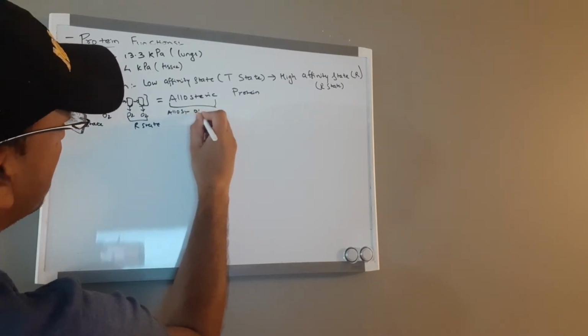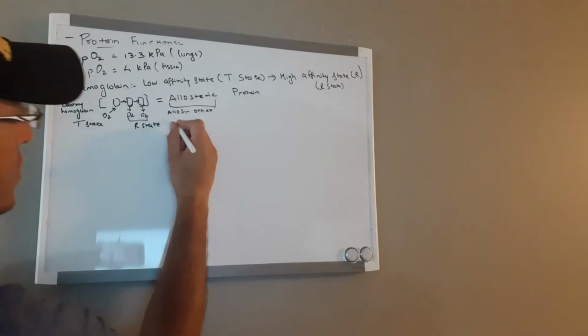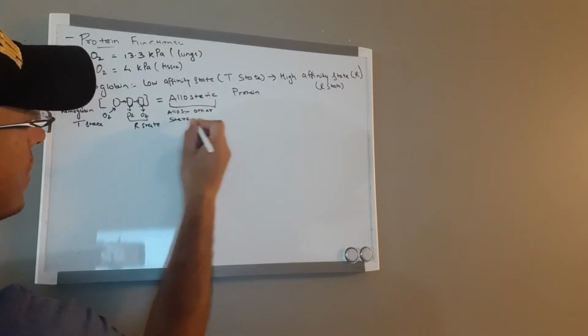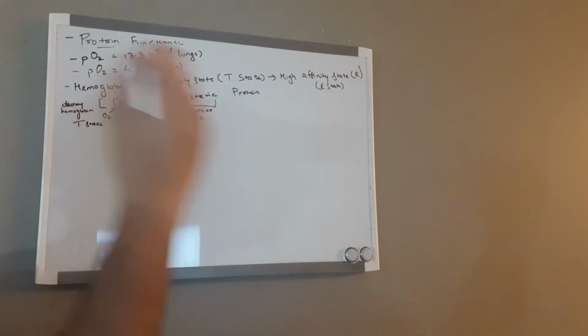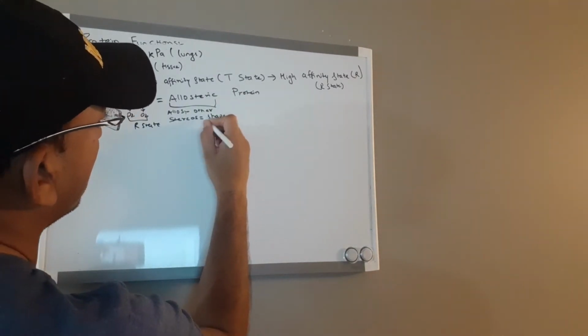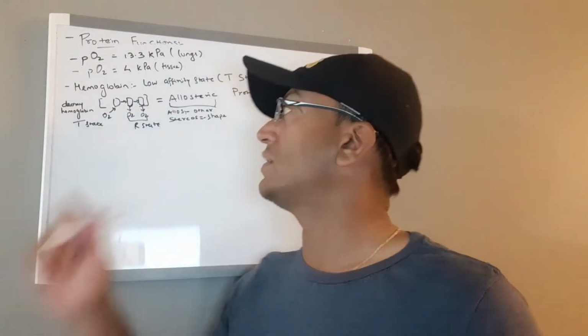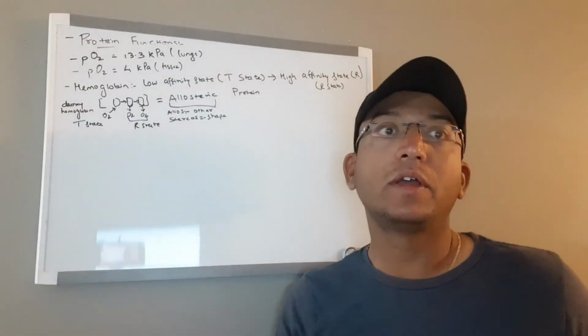Allos means other, and stereos means shape, that is, other shape, or also solid or shape.